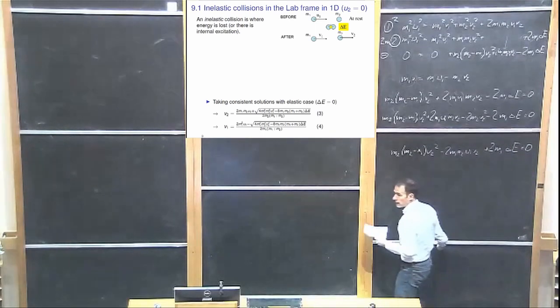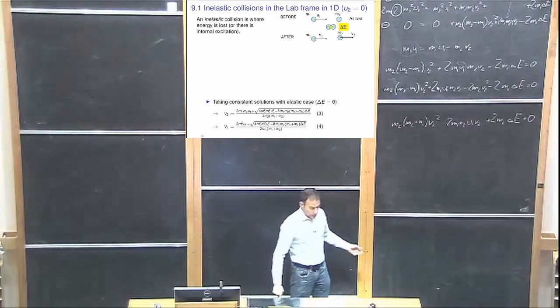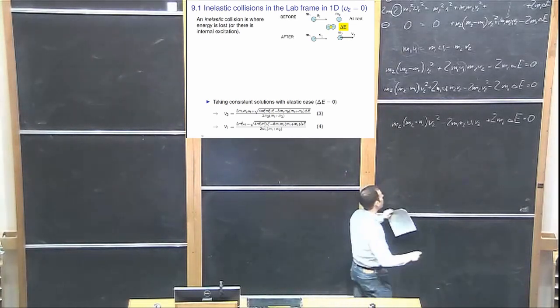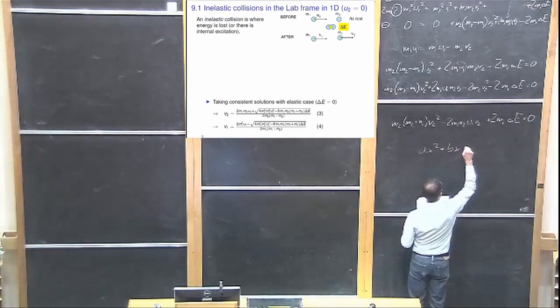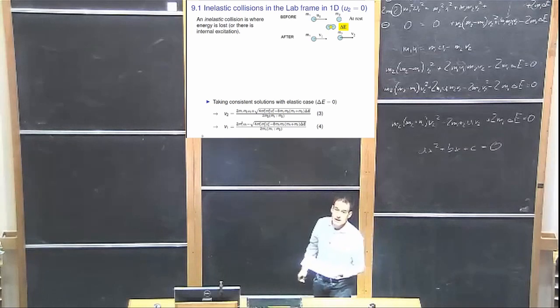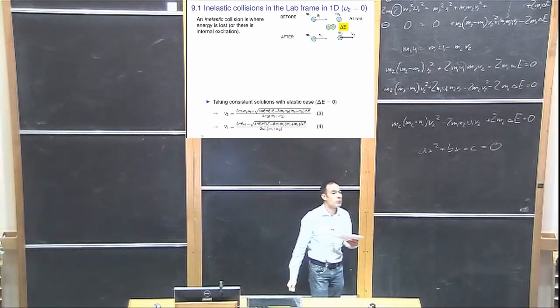Now we have a quadratic in V squared, and I hope everyone remembers this formula: ax squared plus bx plus c equals naught. The solution for that quadratic, if I'm not mistaken, is not in your formula book.